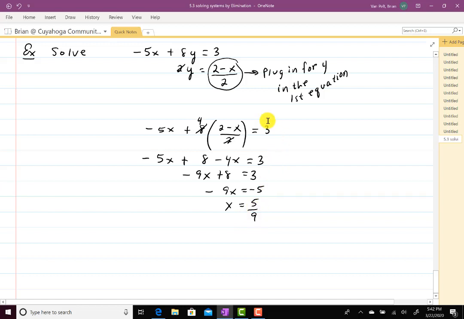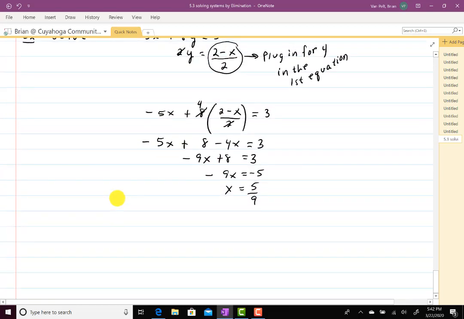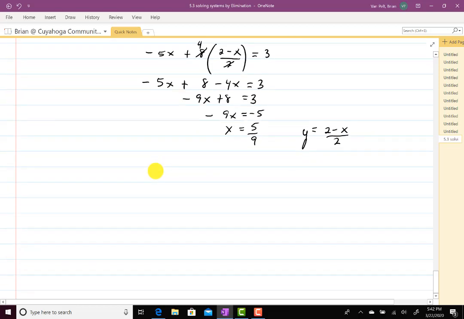and then to go about getting y, I'll use this formula. y equals (2 minus x) over 2. This gets a little bit hairy, watch what I have to put in for x. I have to put 5/9 up into that little spot. And so how do you work something like this?